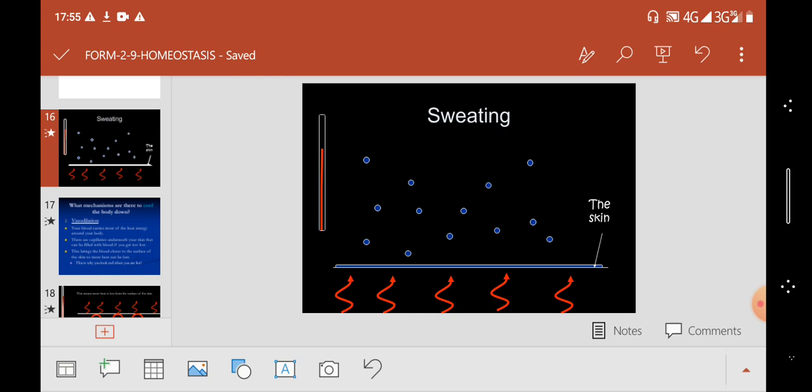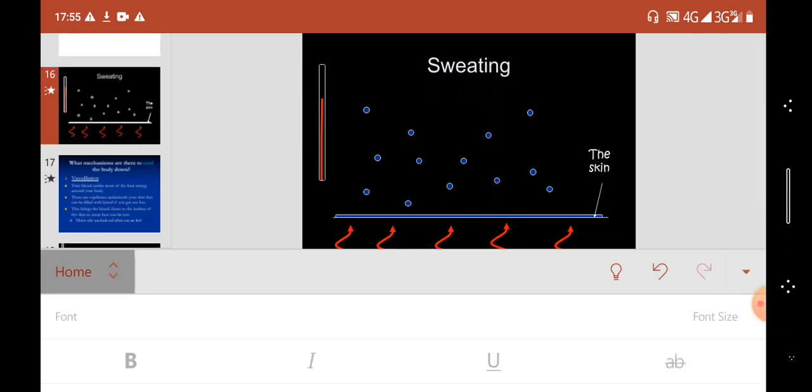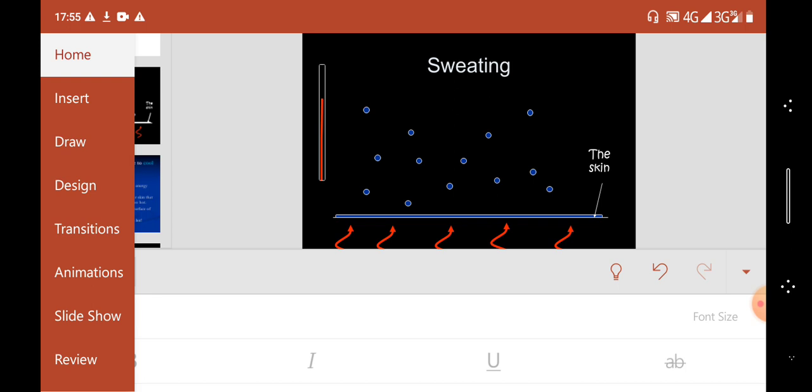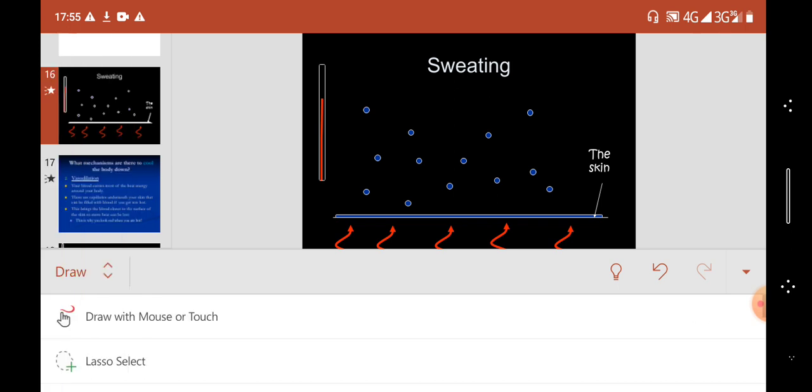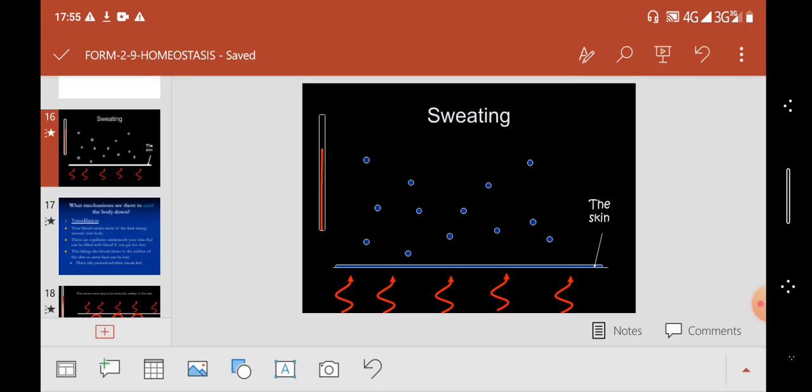Sweating removes excess water in the body, but as this water is being lost, heat is also lost. Heat is lost because as the sweat evaporates away from the skin, the latent heat of vaporization is also lost.